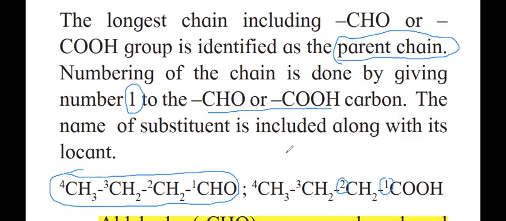These are the common rules which we used in the nomenclature of alkane, but we just have to take care: if it is CHO, meaning aldehyde, then at the ending we use al, and if it is a carboxylic acid, COOH, then we use oic acid.